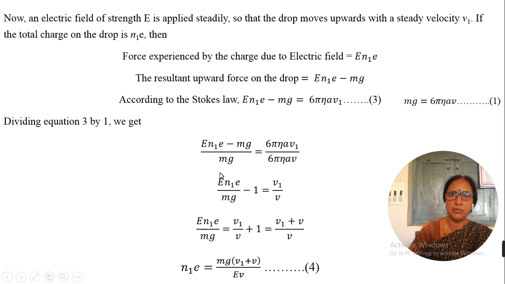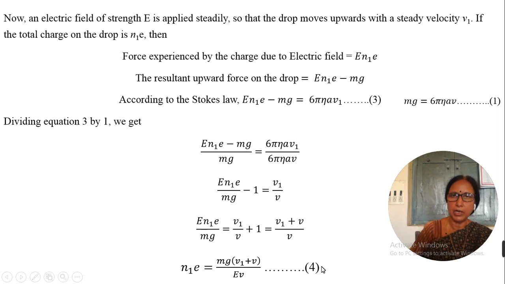After the calculation, E n1 e by mg minus mg by mg is 1, and all the other quantities are the same, so we get v1 by v. As we are interested in calculating the number of charges on the drop, retain it on the left hand side and take everything else to the right hand side. We get the expression mg into v1 plus v by E into v. Call it equation number 4.